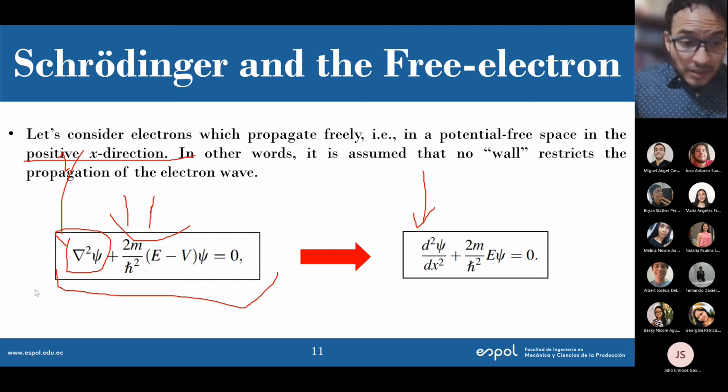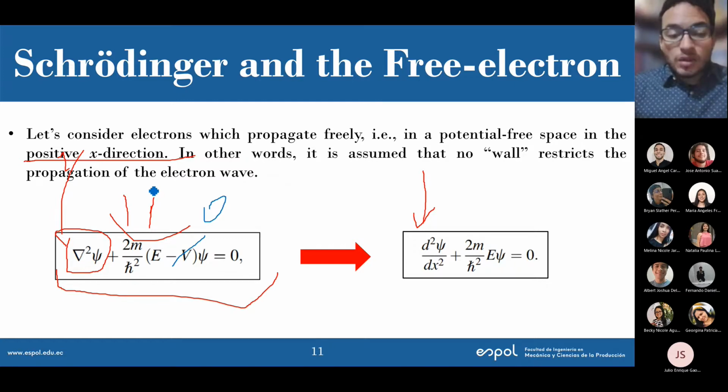E, the total energy, doesn't change. But the potential energy becomes 0 because there is no potential energy. There is no barrier. There is no wall restricting the movement of the electron, and therefore the potential energy is 0. So it becomes just the energy times the wave function, that equals 0.